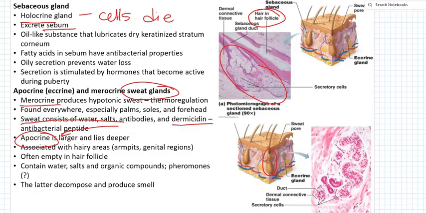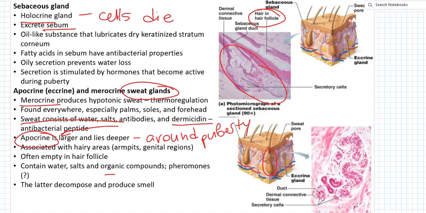Apocrine glands become active around puberty, a little bit before. So basically, you have a 10-year-old angel, and 2 years later it's a smelly teenager, right? Not teenager yet.